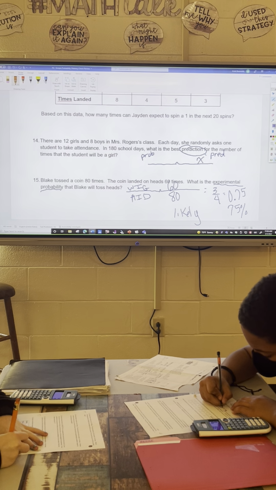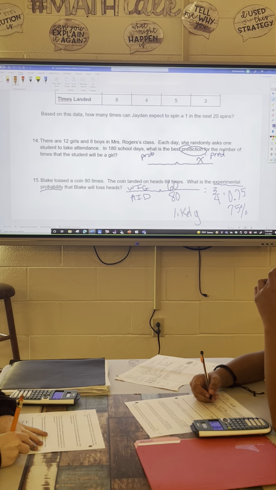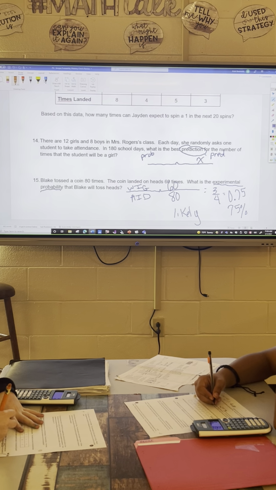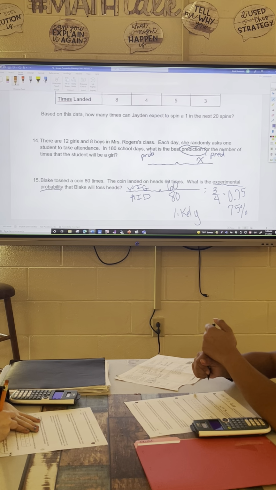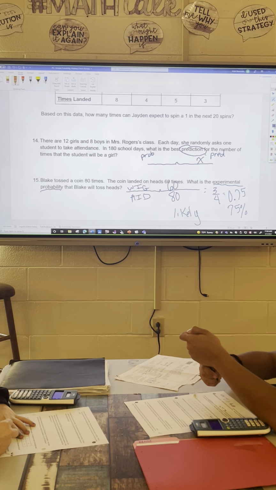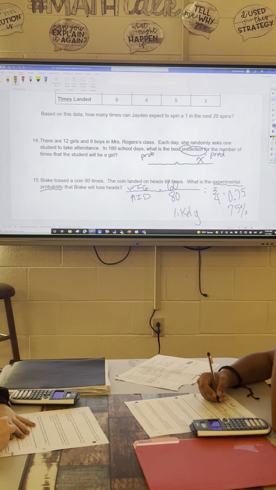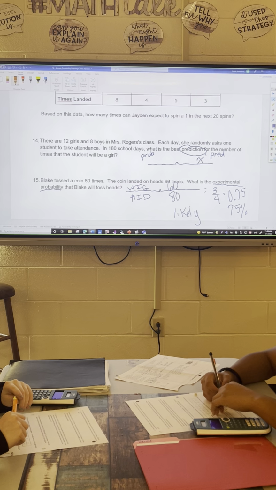The key here is to determine, is my probability ratio experimental or theoretical? And what you have to decide when you read these questions, in order to determine if you have experimental or theoretical, is, has it happened? Did we do something?